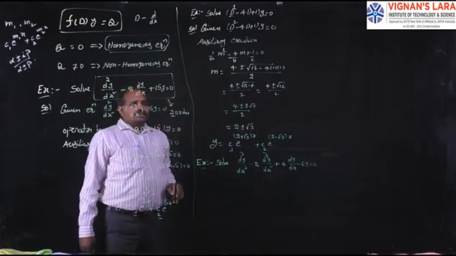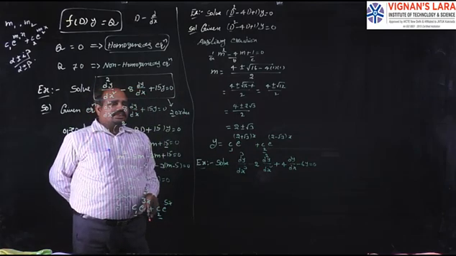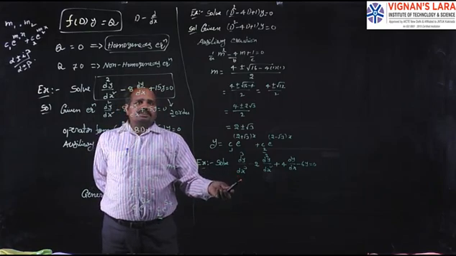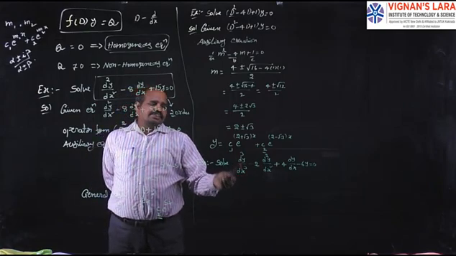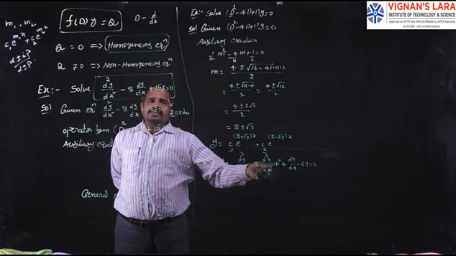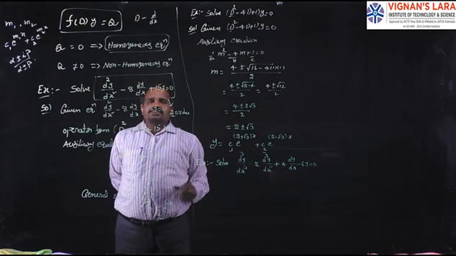Here, what is the order of the equation? Third order differential equation. D cube y by dx cube minus 2 d square y by dx square plus 4 dy by dx minus 6y is equal to 0.